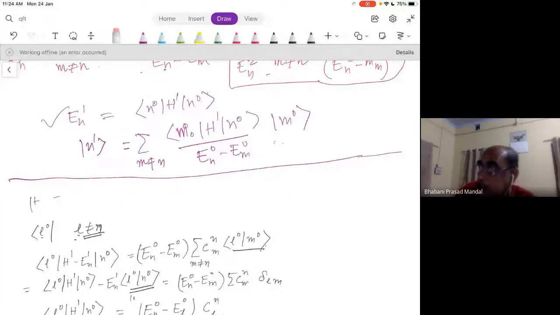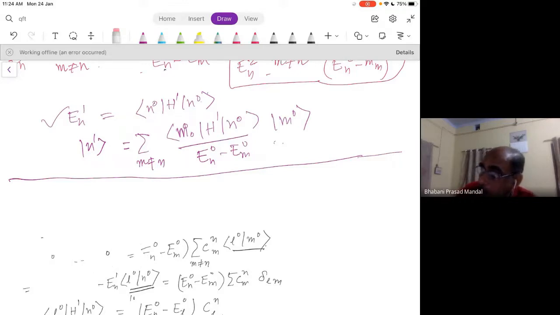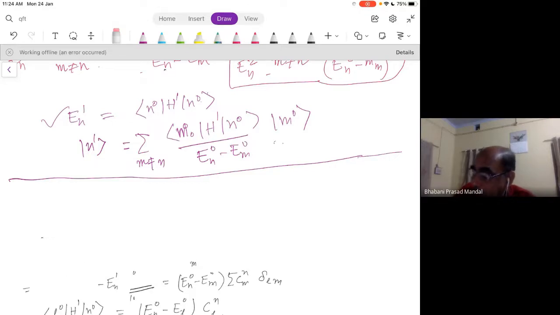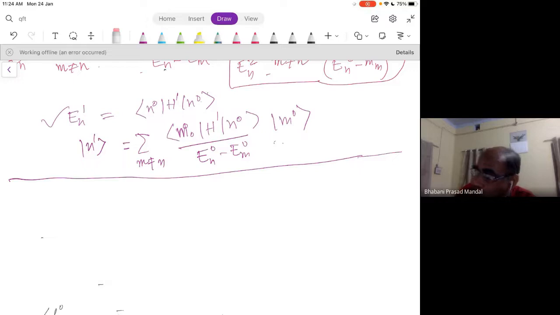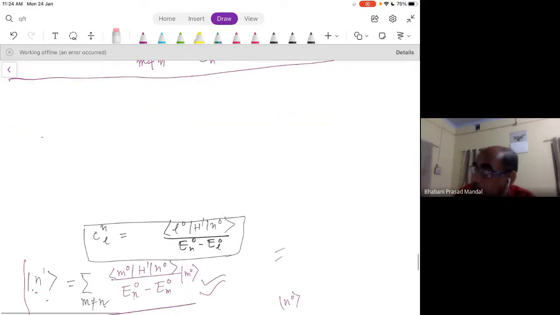So let us understand these three formulas. If we can understand them, then it is good. Today I will consider the example I considered last time, in a formal way. That is a very nice example. All of you are familiar with the operator method of the harmonic oscillator, the creation and annihilation operator method.